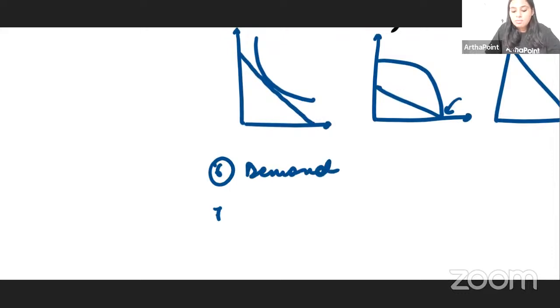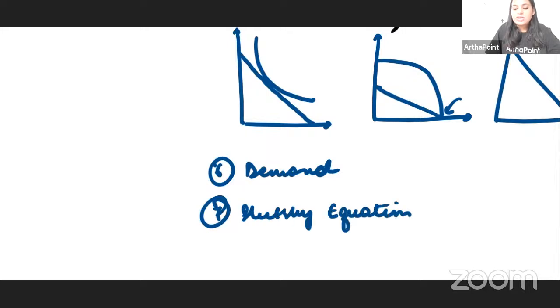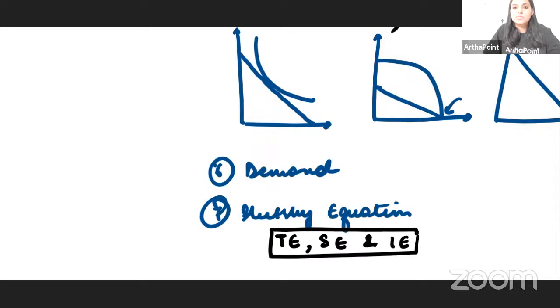Then we will talk about the Slutsky equation, in which we will talk about what is total effect, substitution effect, and income effect. We will calculate these effects.